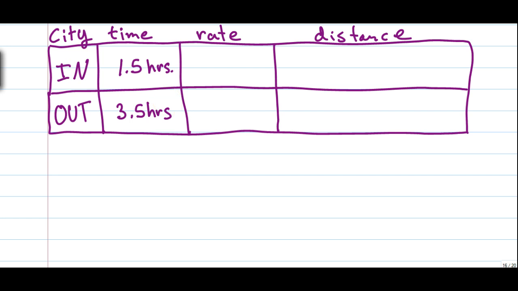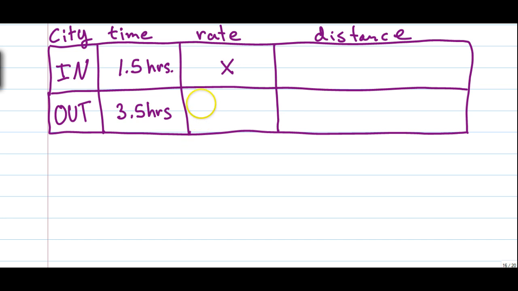Next, we want to put in a rate. Well, if you look back at the problem, once he got out of the city, he was able to increase his speed by 54 miles per hour. What we don't know was what his initial speed was. We don't know how fast he was moving when he was in the city, so we'll put an x.